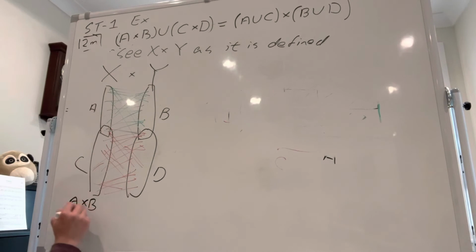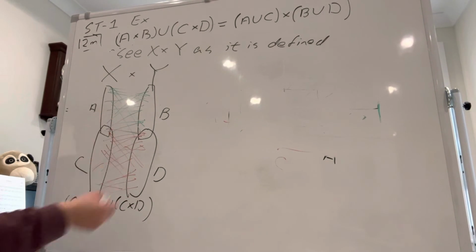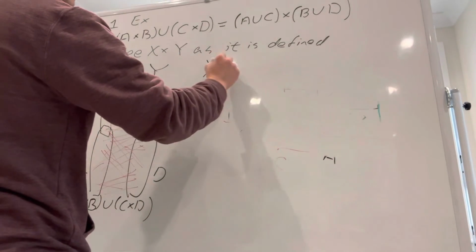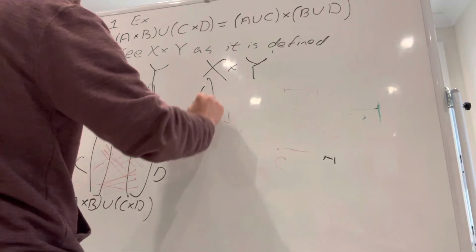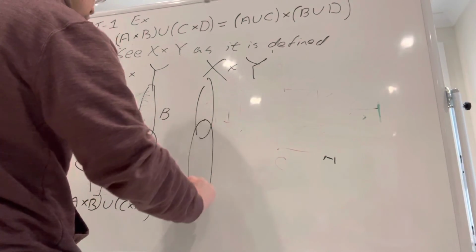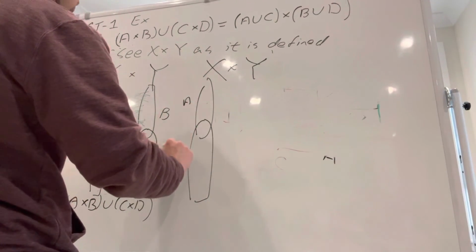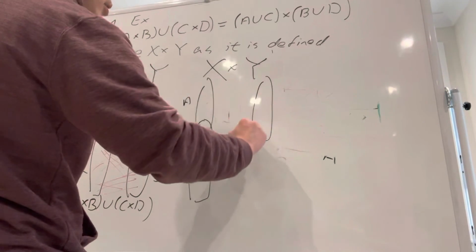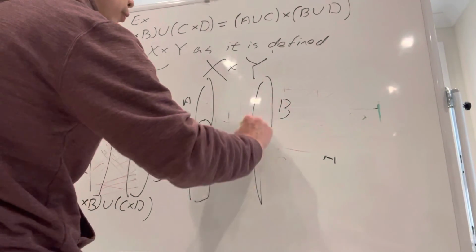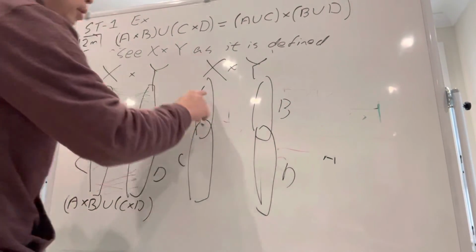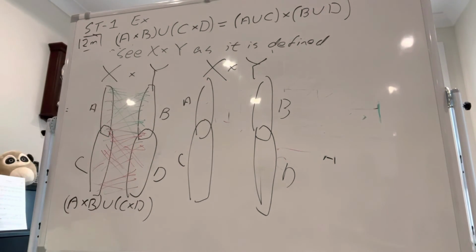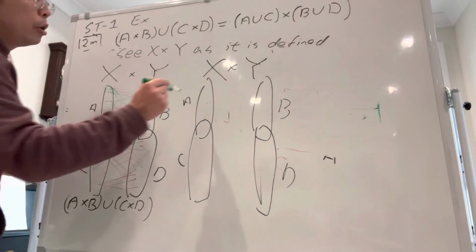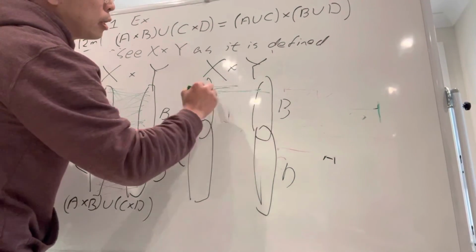A cross B union C cross D. Now on the right-hand side, if you draw the same diagram, again, I'm going to make it a little bit quick. What if you first union this and then union this? Then you still cross everything here.